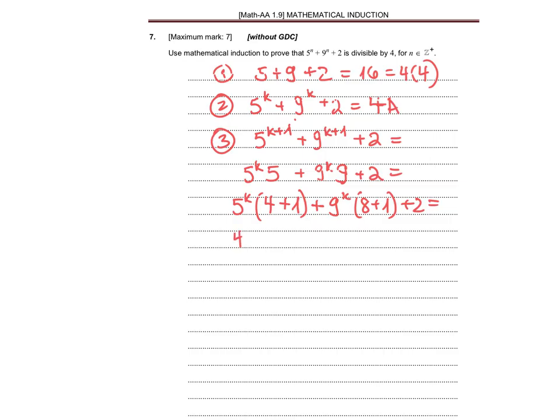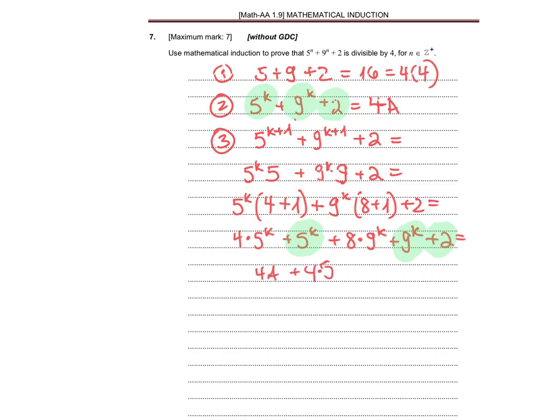So when we distribute this, we have 4 times 5 to the k plus 5 to the k plus 8 times 9 to the k plus 9 to the k plus 2. And you see we have our 5 to the k, we have our 9 to the k, and we have our plus 2. So this in green is 4a.